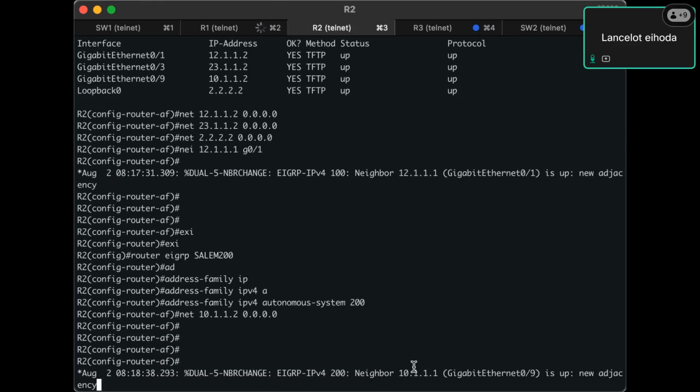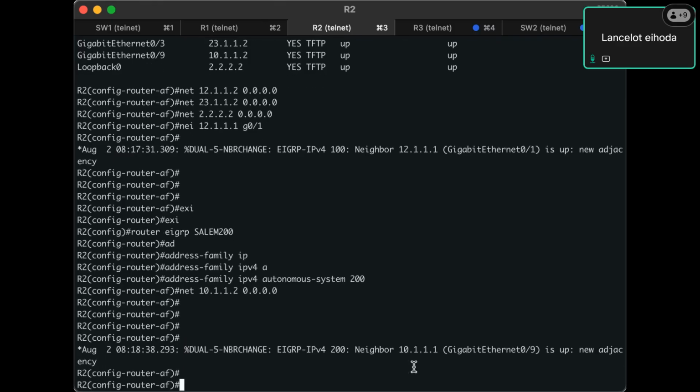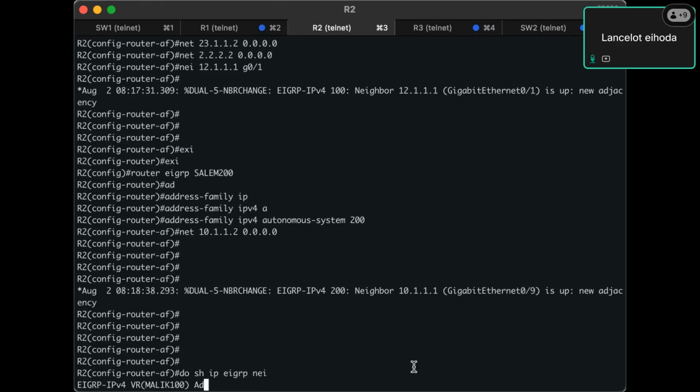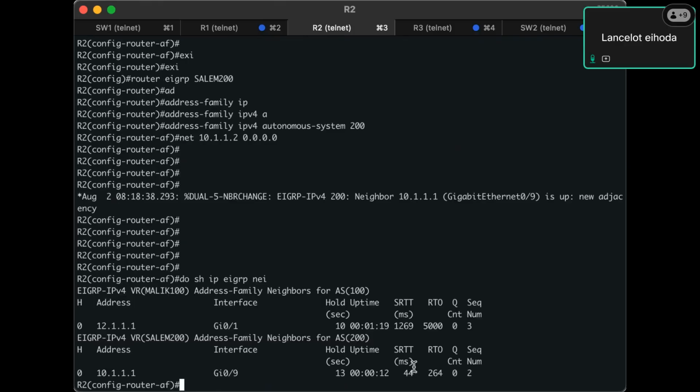So you can see that that adjacency is up. So if we do a show ip eigrp neighbors, you can see that on gig 0/1, we have a neighbor relationship. Can you see this is under Salem? Can anybody see this? Yes, I can.